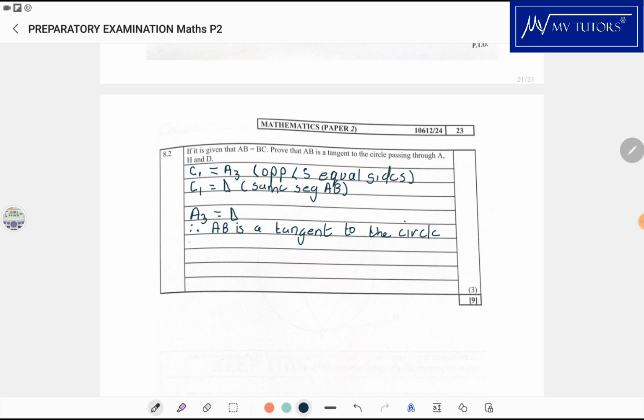Okay, and the reason is because this is now a converse tan chord theorem. That's it.